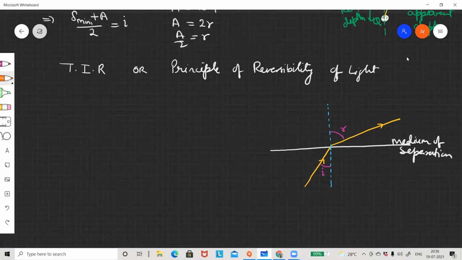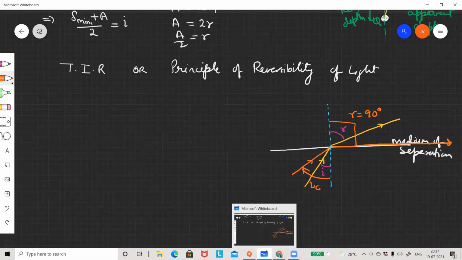When we increase the angle of incidence, then at a certain angle of incidence called the critical angle, i subscript C, the angle of refraction will become 90. That means the ray of light is refracted along the medium of separation. That particular angle of incidence is called the critical angle.